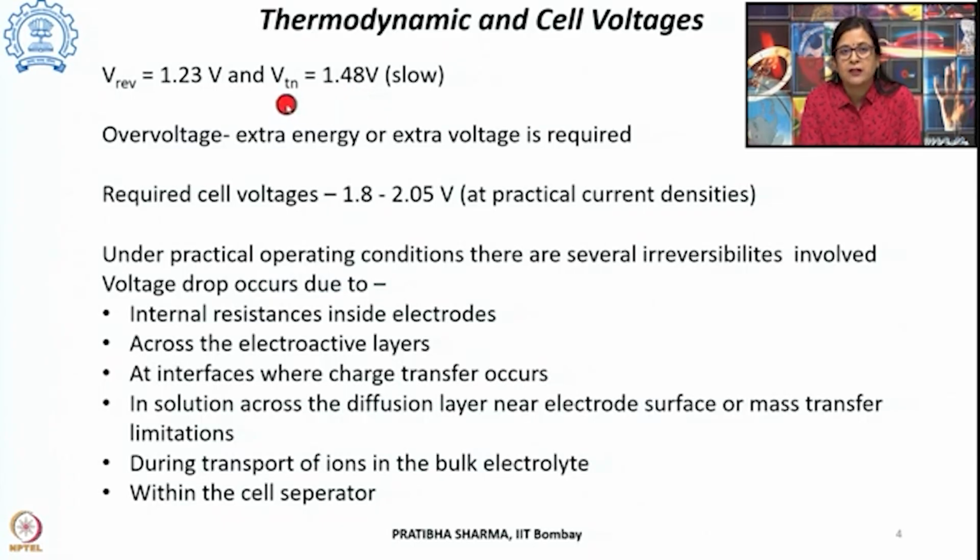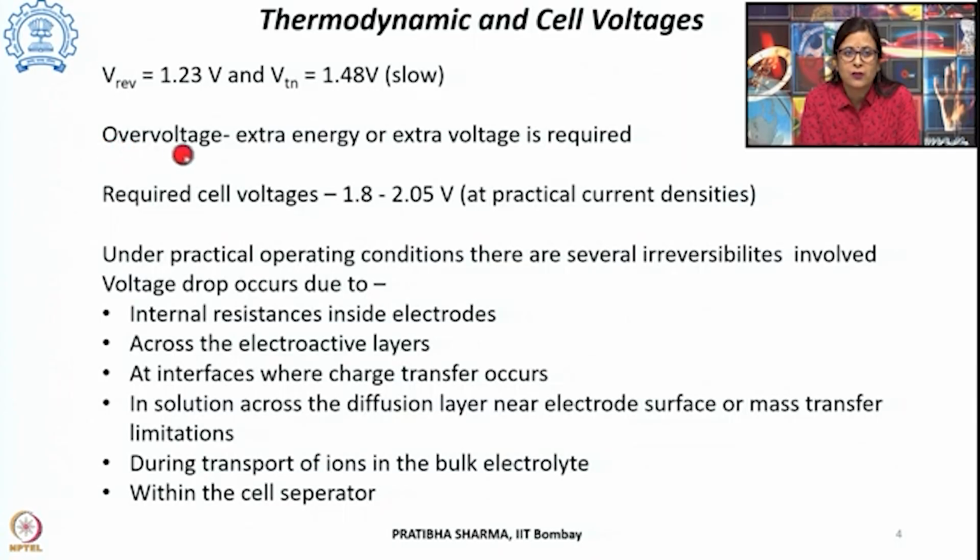But at this voltage, in actual conditions the process occurs at a very slow pace. This can be accelerated by applying an extra energy or an extra voltage, and this extra voltage, which is required under practical, real operating conditions, is known as overvoltage.